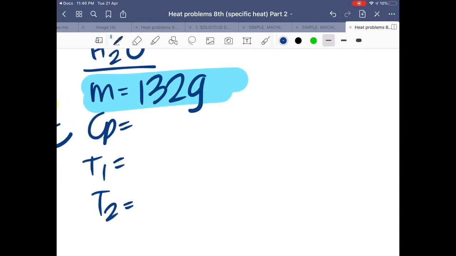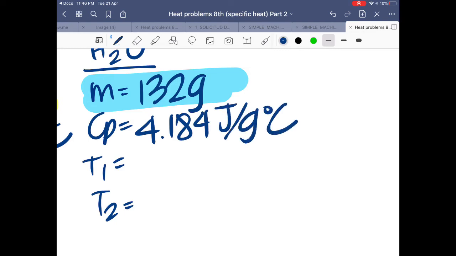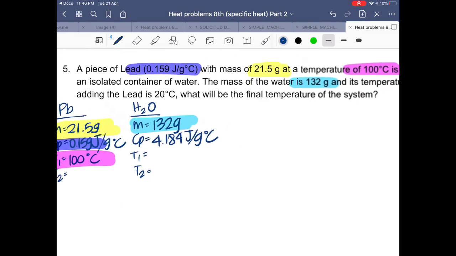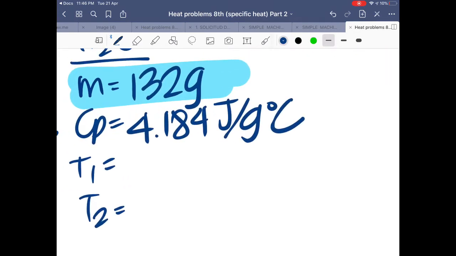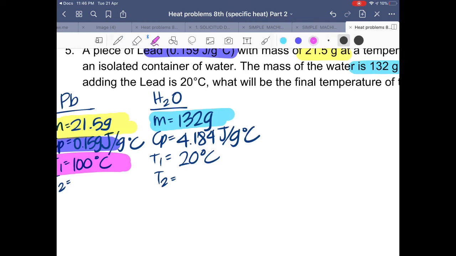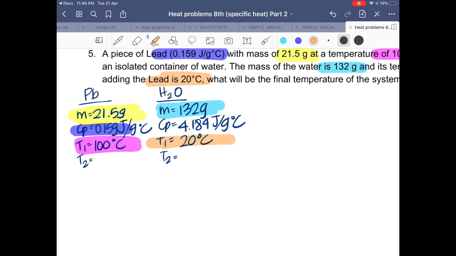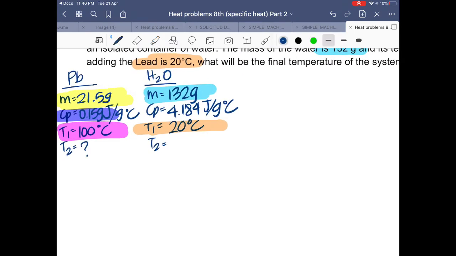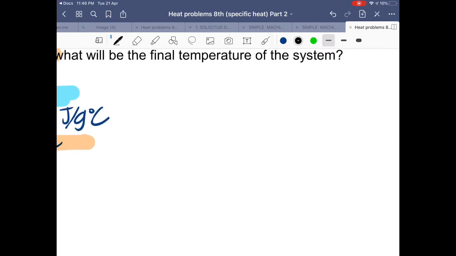You already know the specific heat. And you have an initial temperature of 20 degrees Celsius. You're searching for temperature 2. So you put your formula: heat of water equals heat of lead.